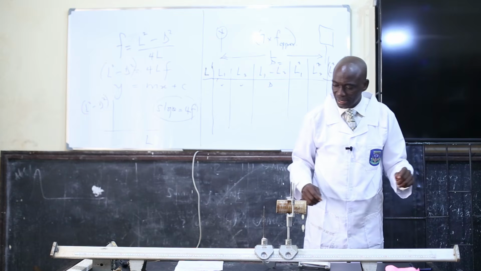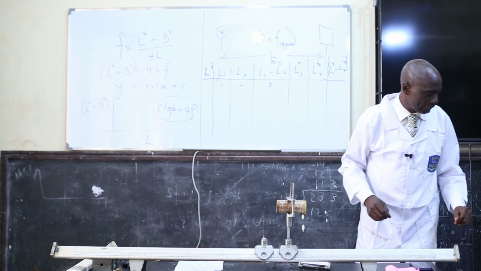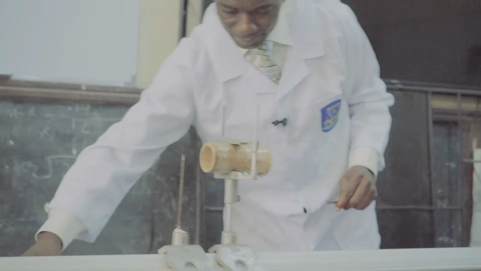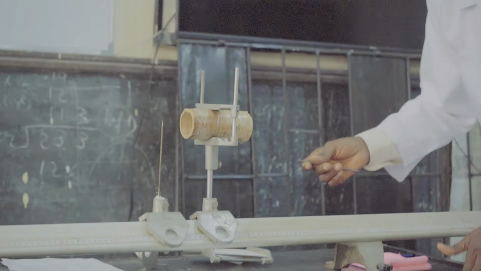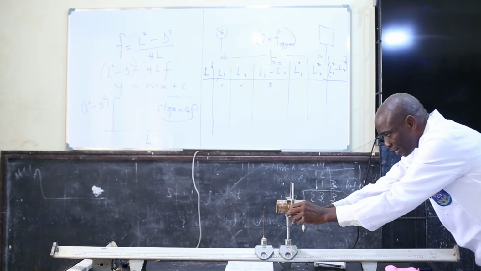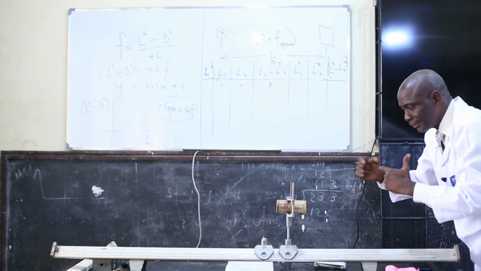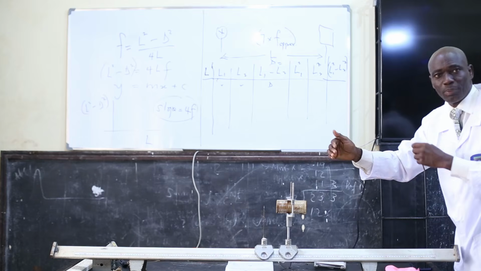Now I will need a search pin to be able to get my image. This is like a simple microscope, so the image is not obtained by tracing the rays, but by extrapolation.